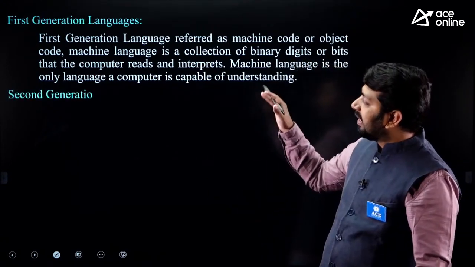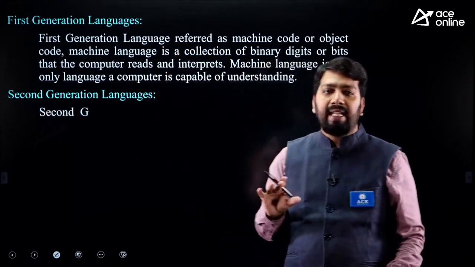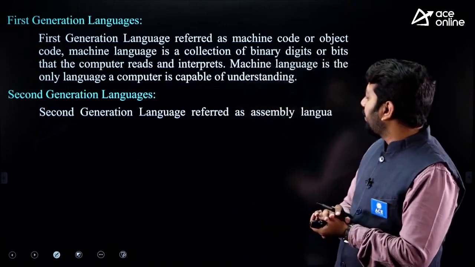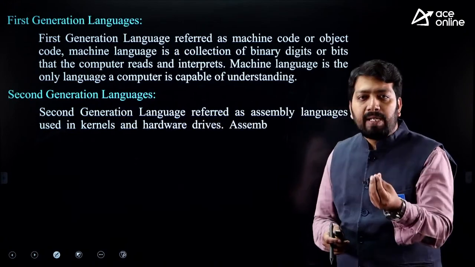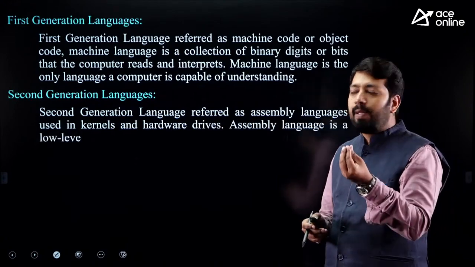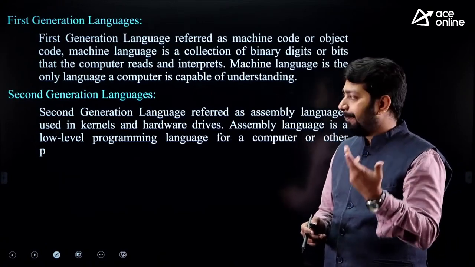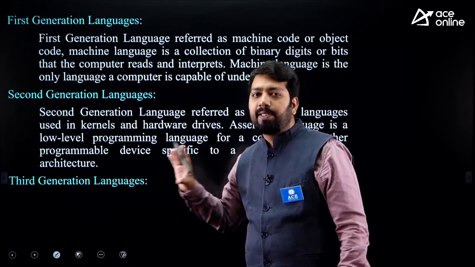So what happened? After first generation, second generation language comes, and here it is called assembly language. Fine. In assembly language, we use so many symbols or mnemonics to represent our code of 0, 1. Then third generation language comes into the picture.